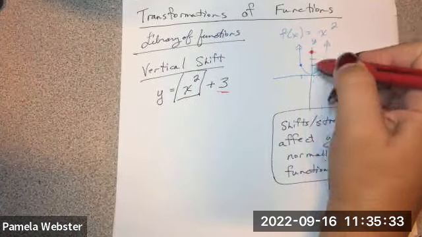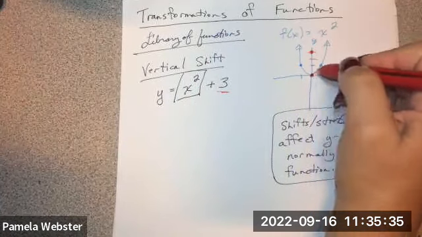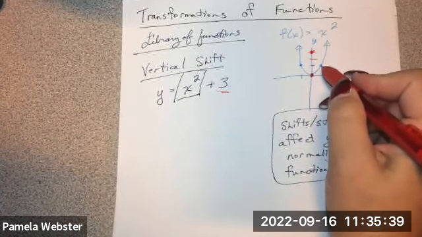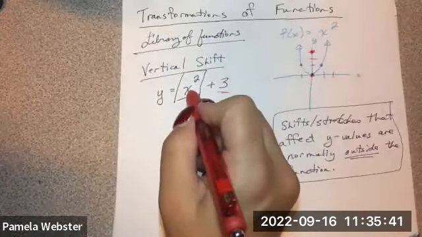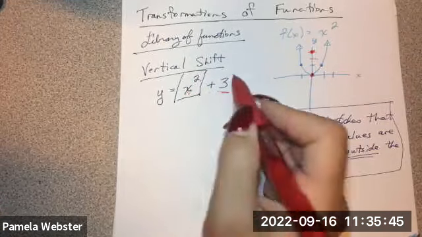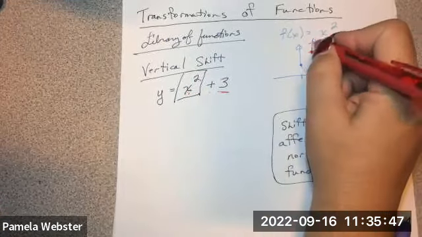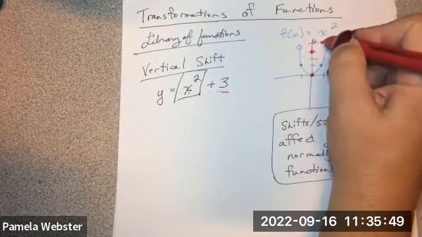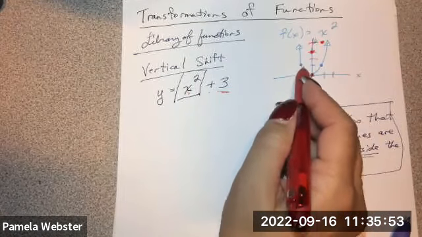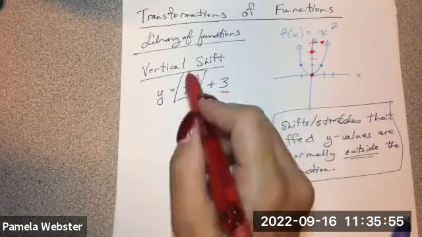So it shifts this point that was at 0, 0, shifts up 3. Okay, and then this point was 1, 1. So let me stick in a 1. 1 squared is 1. 1 plus 3 is 4, right? So of course I didn't leave myself enough space, but there I am. Okay, and then same thing with -1. It was -1, +1.